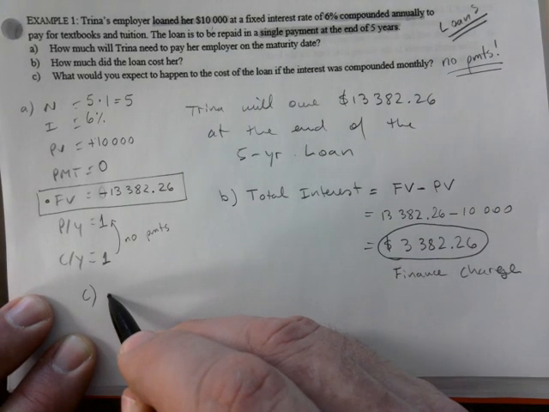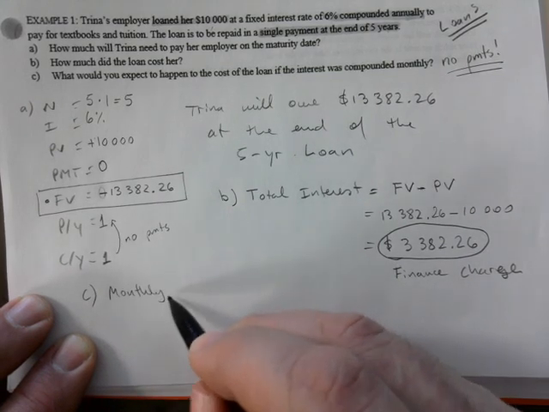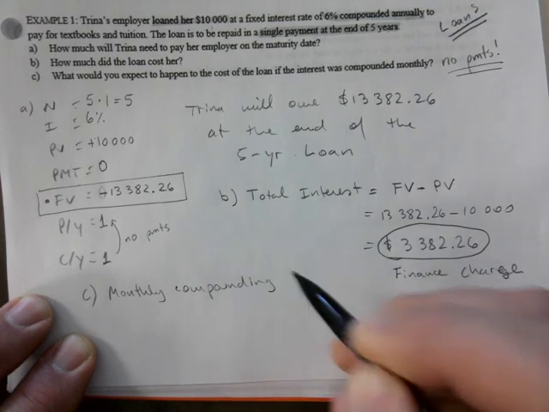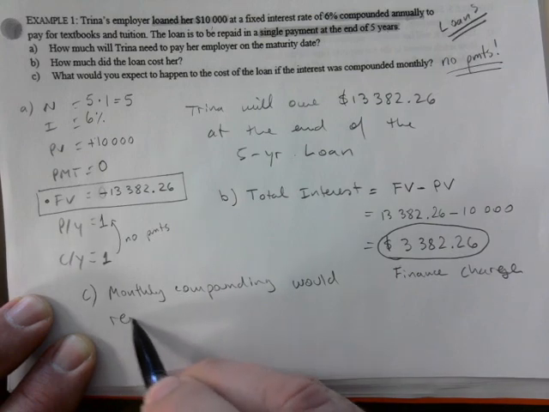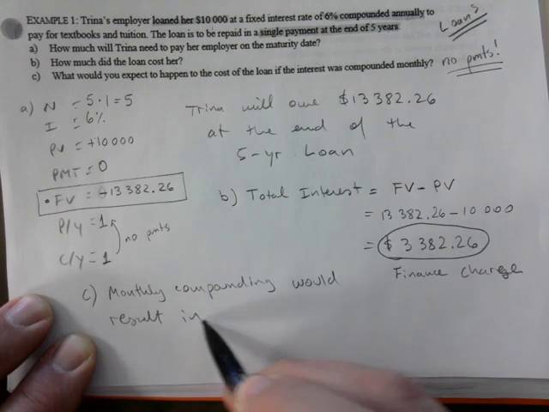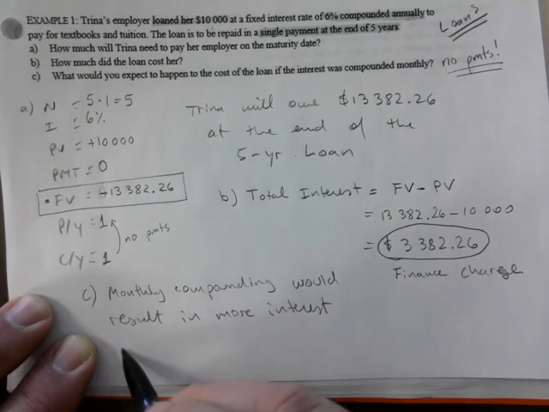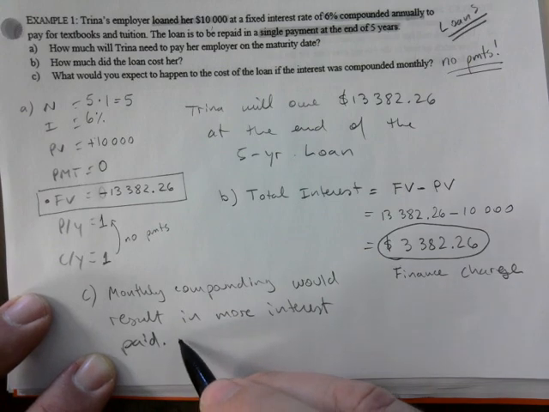Monthly compounding would result in more interest paid. And why is that? It's calculated 12 times instead of 1.